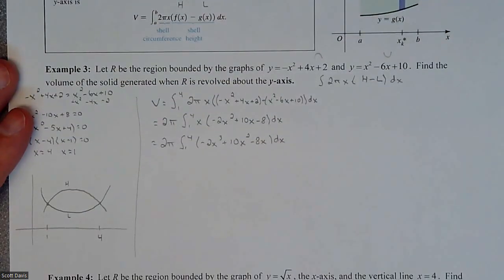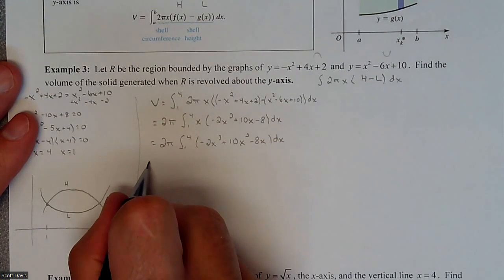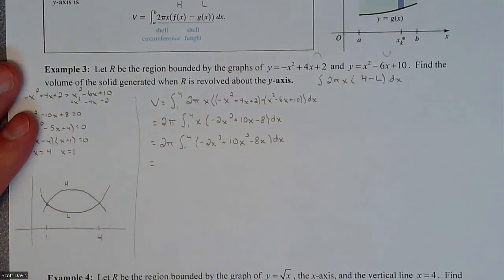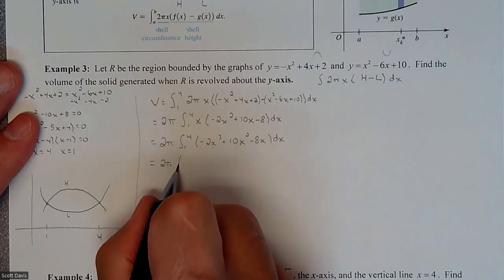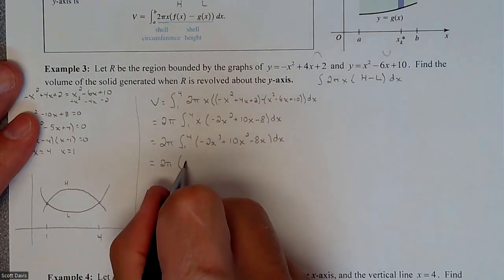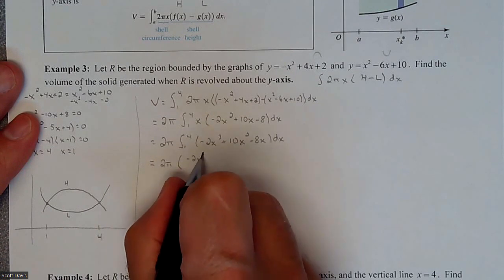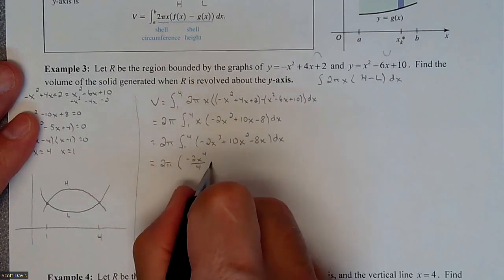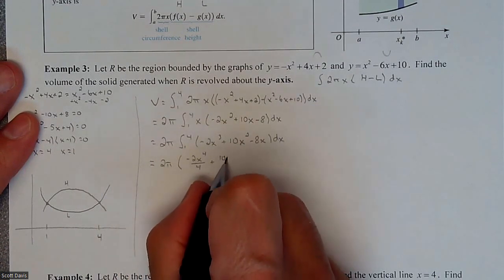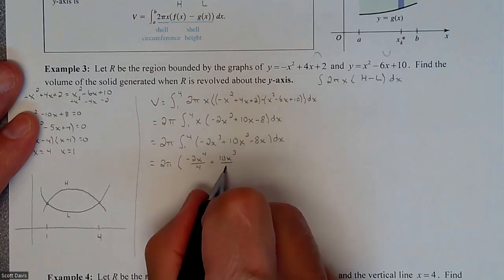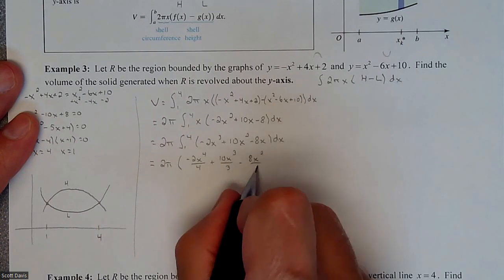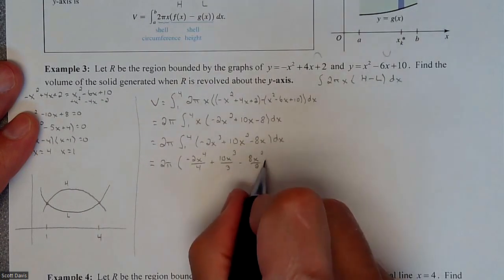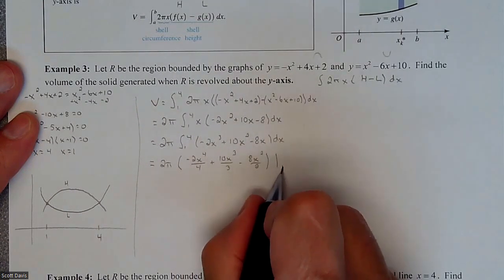All right, we're ready to do our antiderivative. So if we do the antiderivative, we're going to have 2 pi, and we're going to have a fourth power, so a negative 2x to the fourth divided by 4 plus 10x to the third divided by 3 minus 8x squared divided by 2. And we're going to go from 1 to 4.